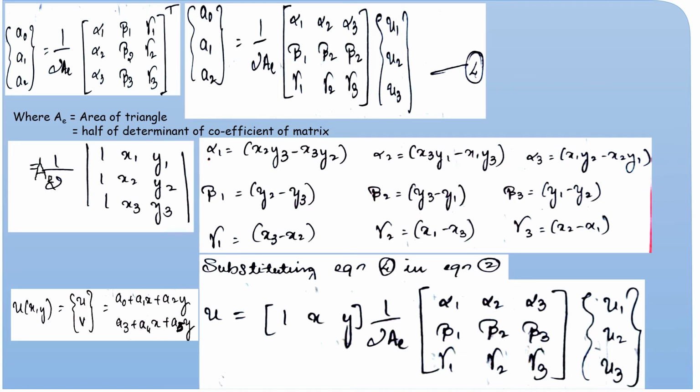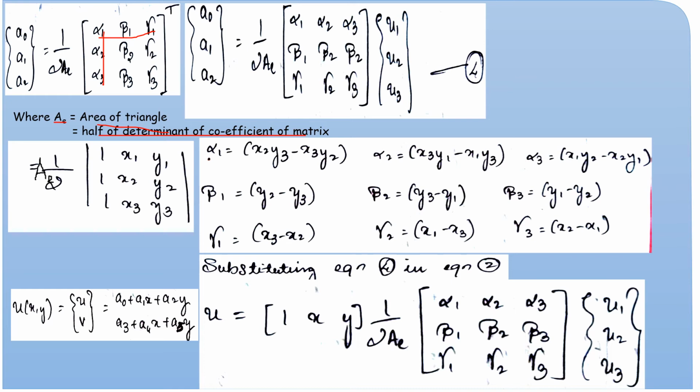When you transpose this matrix, row will become column and column will become row. You can see here alpha 1, alpha 2, alpha 3, beta 1, beta 2, beta 3, gamma 1, gamma 2, gamma 3. And as I've told you, AE is nothing but the area of a triangle, which is half of the determinant of the coefficient matrix. So AE is nothing but this one.